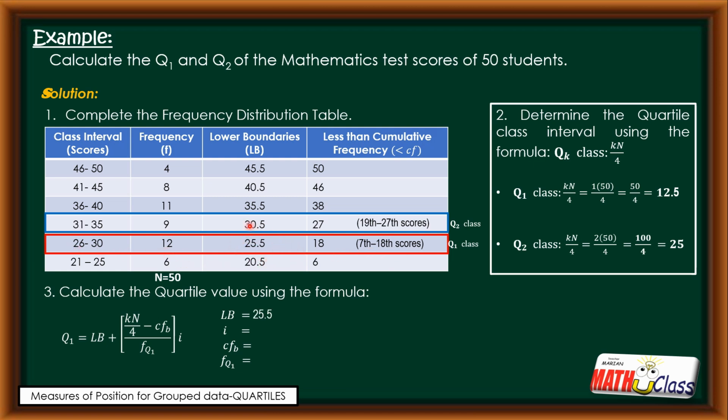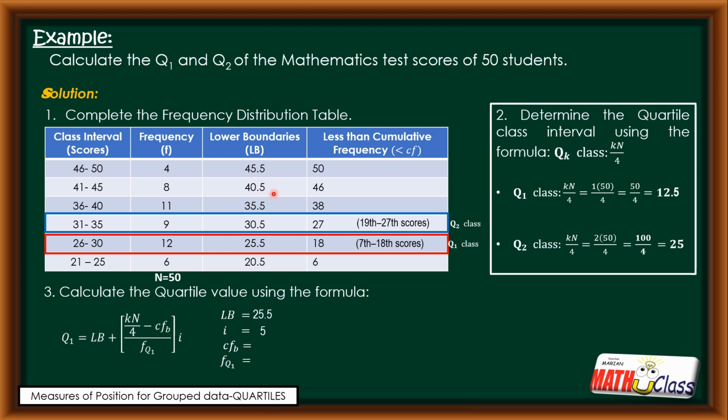For the value of I, or the size of the class interval, we have to find the difference between the lower boundaries of two consecutive or neighboring classes. For example, these two consecutive lower boundaries, 45.5 and 40.5. To get the size of the class interval, we subtract 40.5 from 45.5, and that is equal to 5.